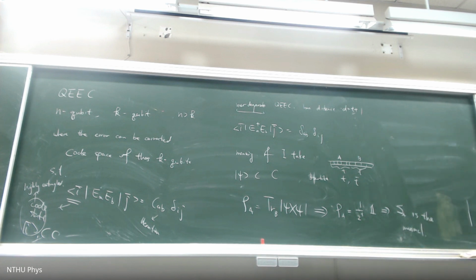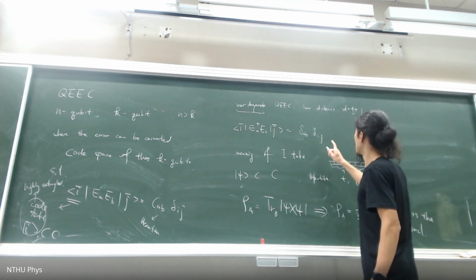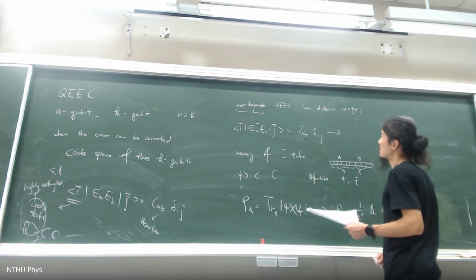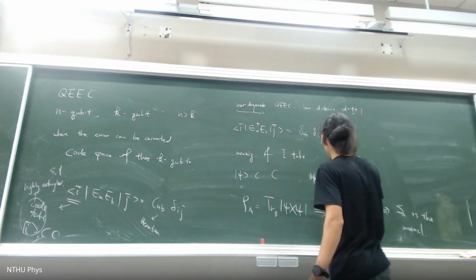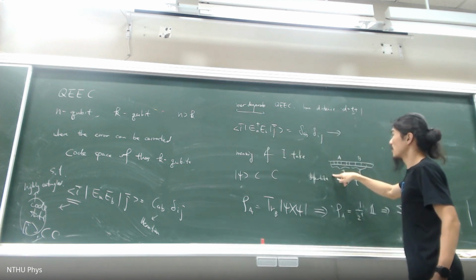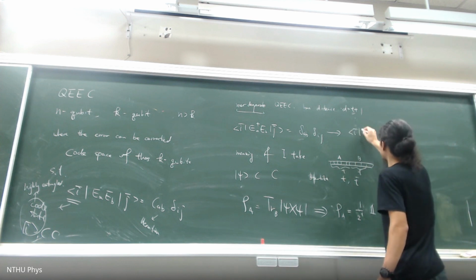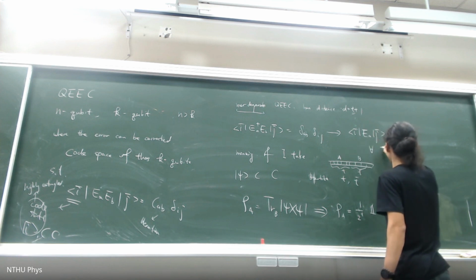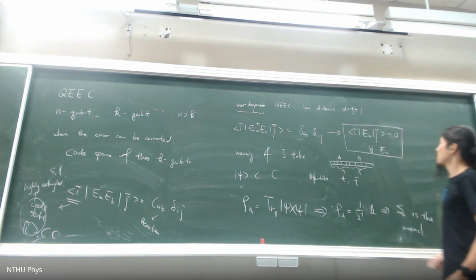So how do we show this? First of all, this leads to a condition where I can consider the total weight of errors t, and this can be reduced to this form for O_A. Okay, so this is basically the setup we have.